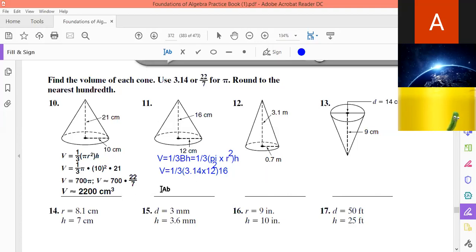Now Mazin, calculate it. First find 12 square. 12 times 12. Then times 3.14, then times 16, and then divided by 3.